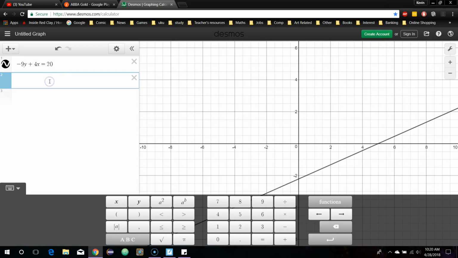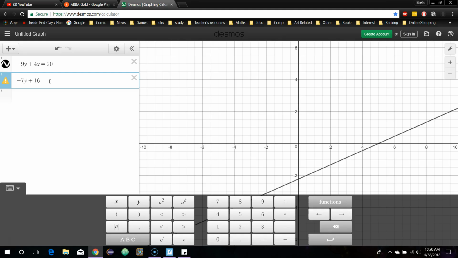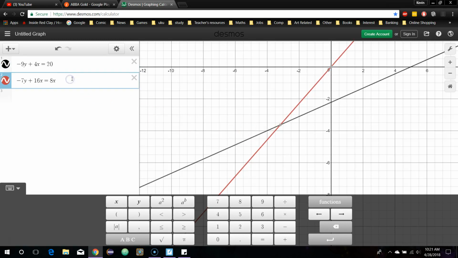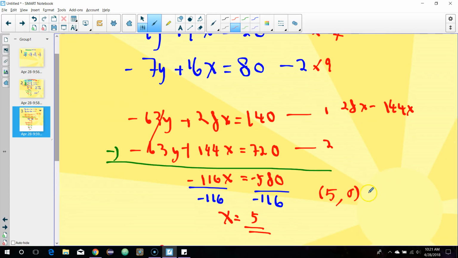And then the other one, negative 7y plus 16x is equal to 80. Okay, where do they intersect? One second. Oh, 80, not 8x. So (5, 0). There you go.